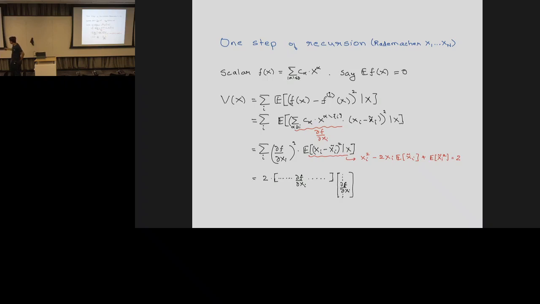It's actually just expectations over local changes. So let's say what happens when I change the ith input in f of x. For every alpha where the ith input doesn't appear, it just won't change. It will just cancel out in the difference. The only alphas that will appear are the ones that actually contain the ith bit.